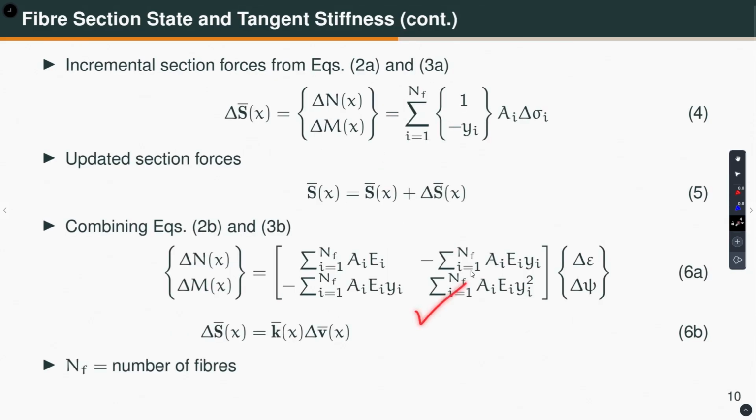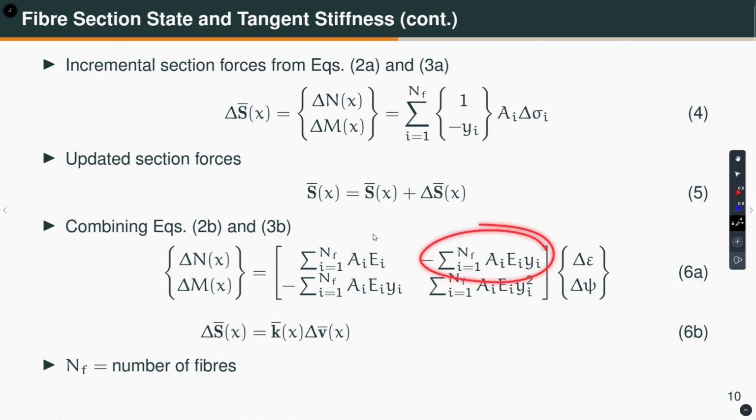So, this one, if I apply for linear elastic cross section, what happens? This summation will give me AE, because E is not changing, you are summing over the cross section. So, this will give you A into E. This one will become 0, because yi is measured from the reference axis going up and then going down, and the reference axis is passing through the centroid.